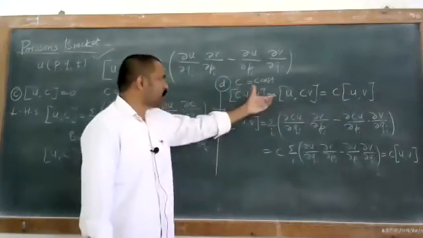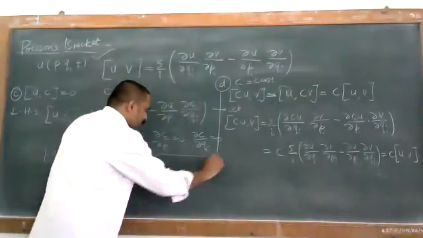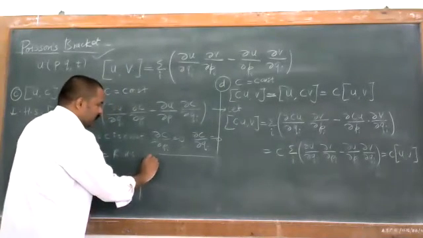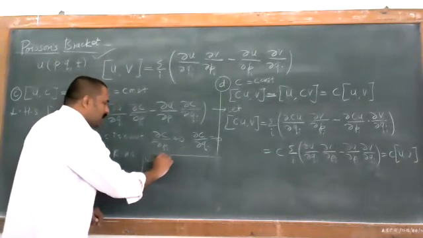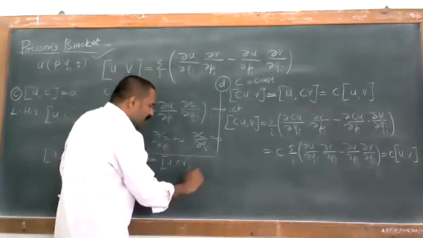Now just check this one. Let us consider the Poisson bracket of U, CV.